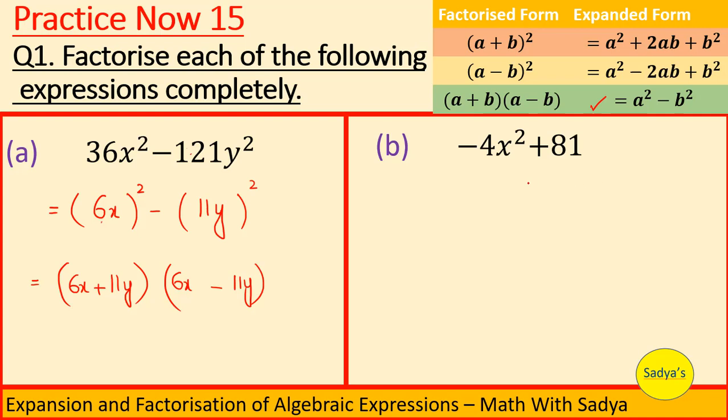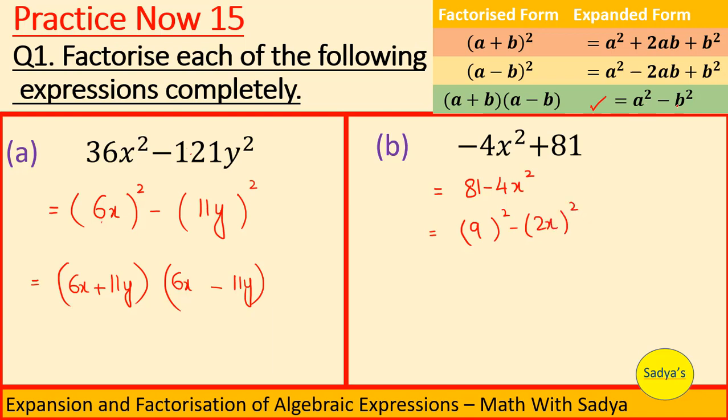Let's now solve B part. We have two terms and a negative sign, but since we can see in the identity the negative sign is in the middle, we can rearrange the question as 81 minus 4x squared. And we can write 81 minus 4x squared as 9 square minus (2x) whole square.